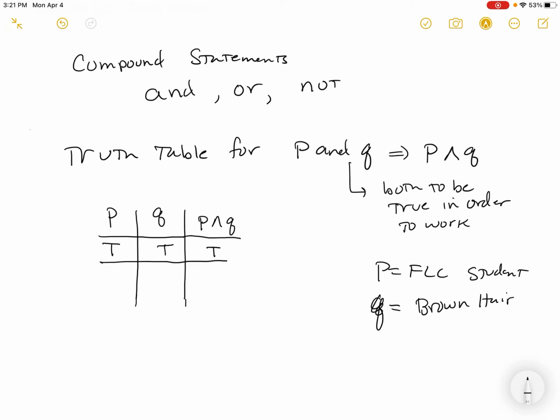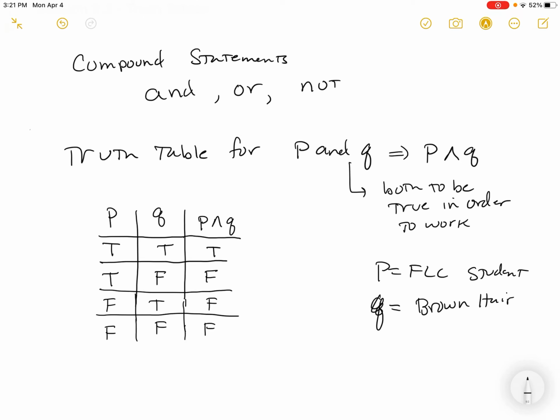If I go and I find somebody that's an FLC student, but they do not have brown hair, they fail at that brown hair, then I do not have somebody who is an FLC student and has brown hair, and I fail at that as well. If I fail at the first condition, but the second condition is true, then we overall fail in that regard. And then if I fail and fail, then obviously we fail.